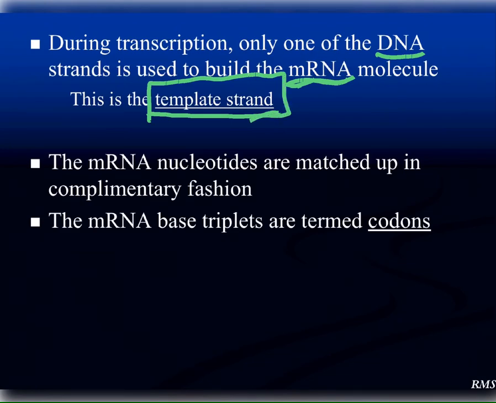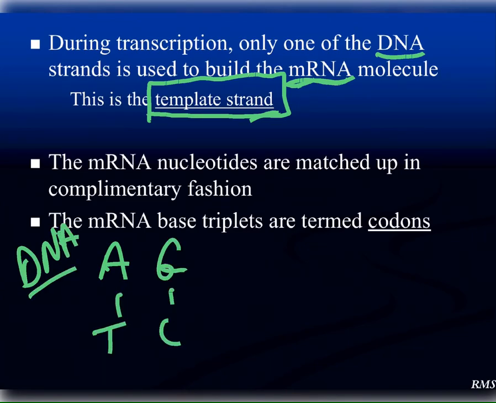So the mRNA nucleotides are going to be matched up one by one with the DNA nucleotides. And once again, you're going to use that base pair rule. Remember how in DNA, an A goes with a T, and a G and a C go together? We're going to have a very similar thing in mRNA.